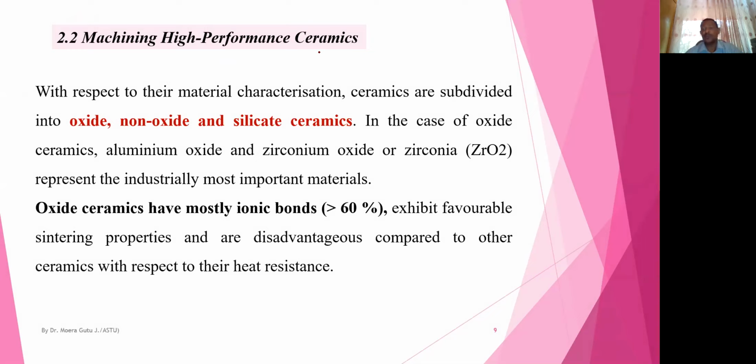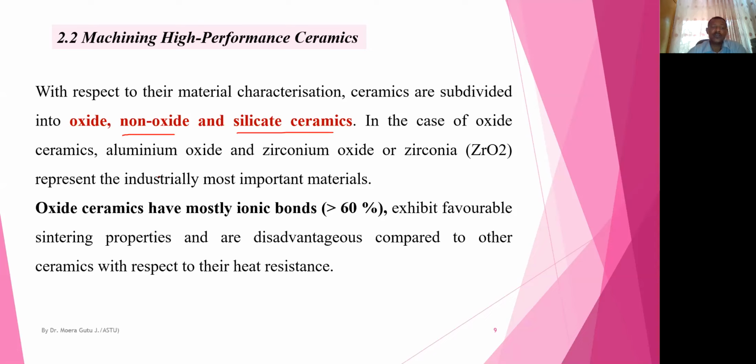Now we will see what materials are there in the machining of hard materials. We have said glasses, ceramics, and a lot of oxides. So we will see one by one. With respect to their material characterization, ceramics are subdivided into three: oxide ceramics, non-oxide ceramics, and silicate ceramics.